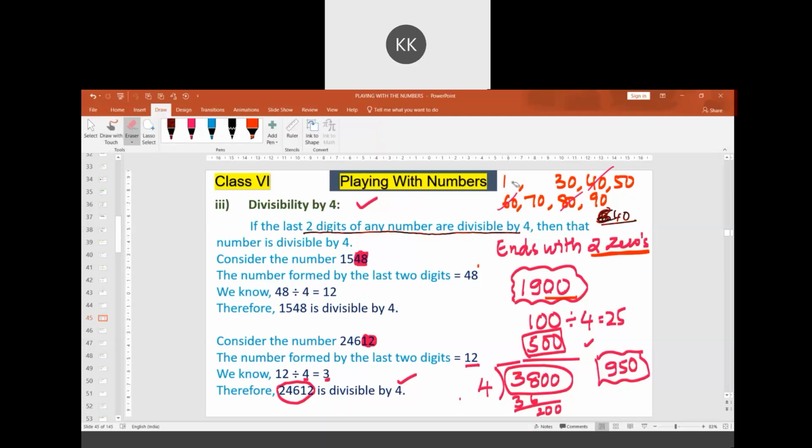Sir, if the last two digits are 00, it is divisible by 4, 5 and 2, sir? Madam, I am telling the test for divisibility by 4. If you have a doubt related to that, please ask.